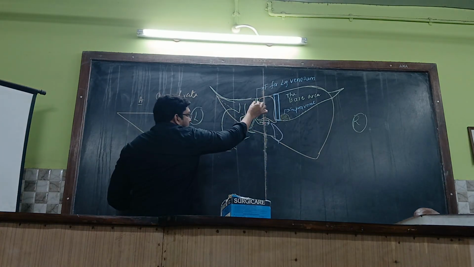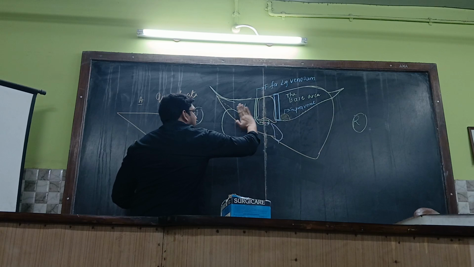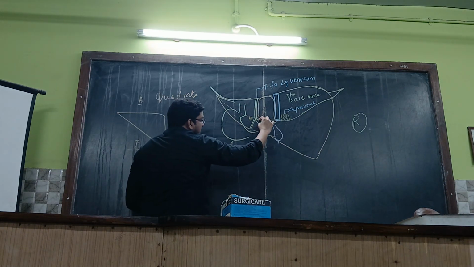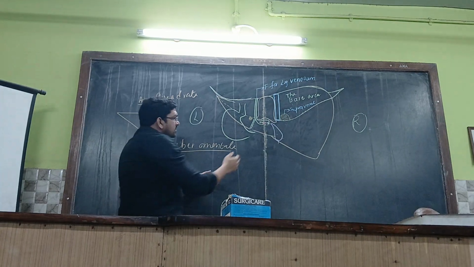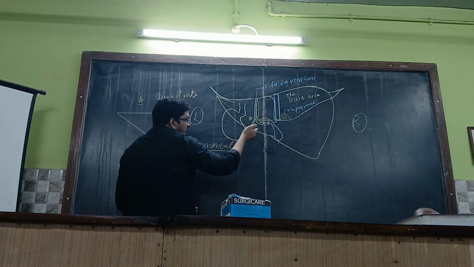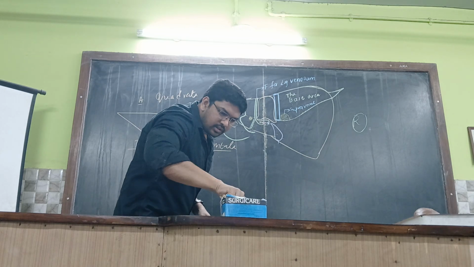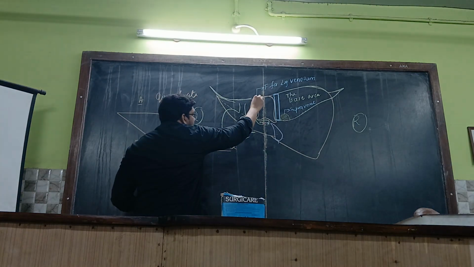The lesser omentum arises from here and goes all the way to the porta hepatis, so this forms the free margin of the lesser omentum. If you draw the lesser omentum, it will go all the way from here till here.